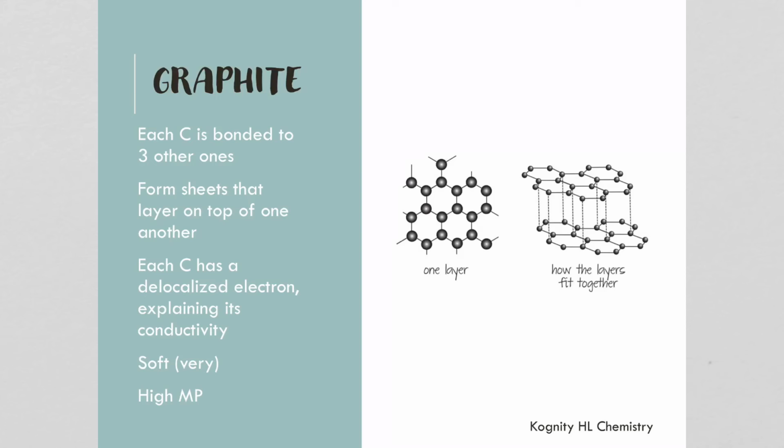In graphite, each carbon is bonded to 3 others, and then there'll be, at the outsides, lone little sticks where they're waiting to bond with something. So these form sheets that layer on top of one another, and each carbon has a delocalized electron, which explains graphite's conductivity.